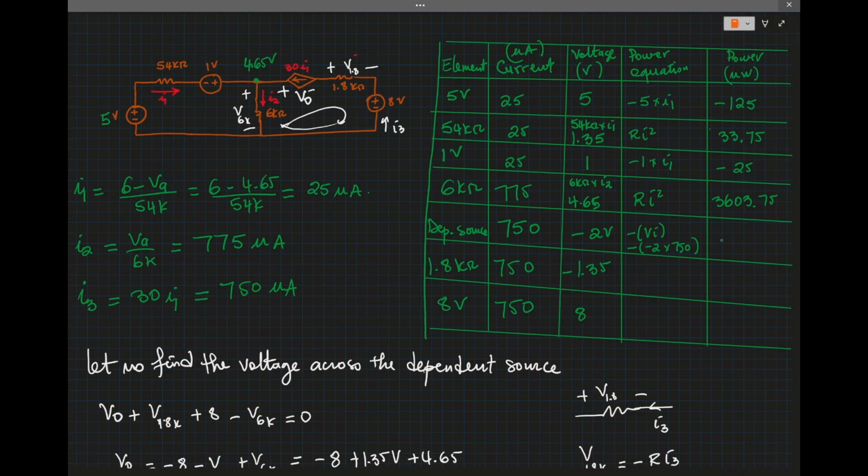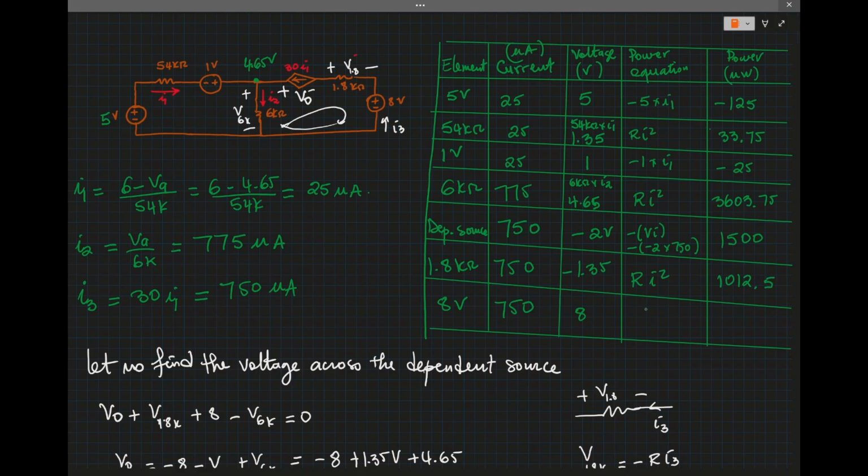So that will give me a positive number, 1500 microwatt. And then for 1.8 kilo ohms, so we still have Ri square. So that gives me then 12.5.